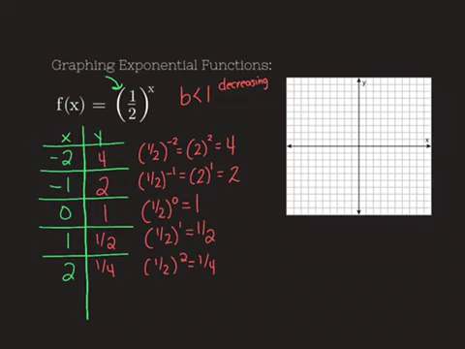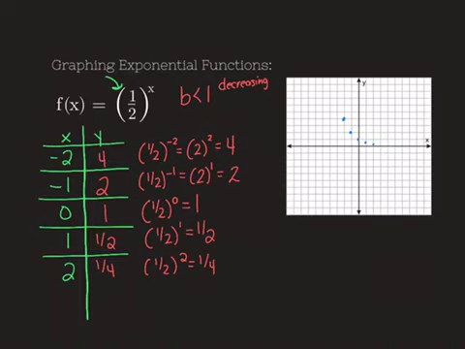So let's plot these points. We have -2, 4. We have -1, 2. 0, 1. 1, 1/2. And 2, 1/4. So you can see that these actually look very similar to the ones we found for 2 to the x.